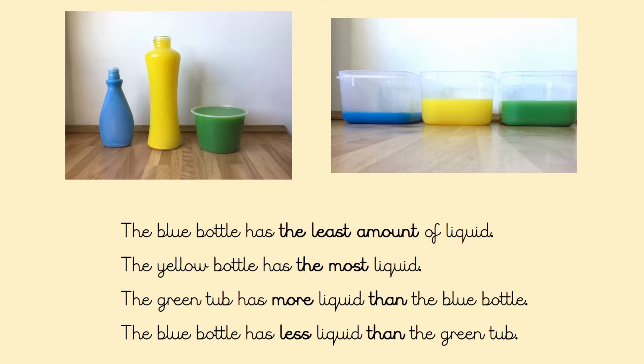I can say the yellow bottle has the most liquid. I could say that the green tub has more liquid than the blue bottle, because if you look at the picture where they're all in the lunch boxes, there's more green liquid. It goes up higher than blue liquid. Or I could say that the blue bottle has less liquid than the green tub, which is the opposite of that sentence.